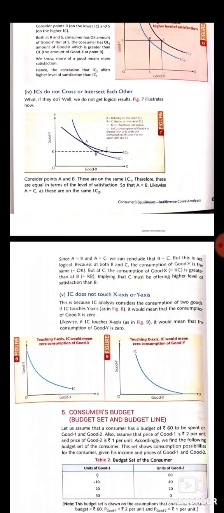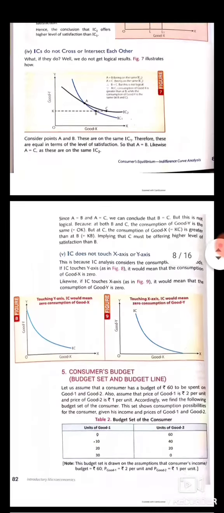In the next stage, he wants to sacrifice some units of commodity 2 for commodity 1. At the second point, he is purchasing 10 units of commodity 1 and 40 units of commodity 2. Similarly, all the combinations will represent the budget set.